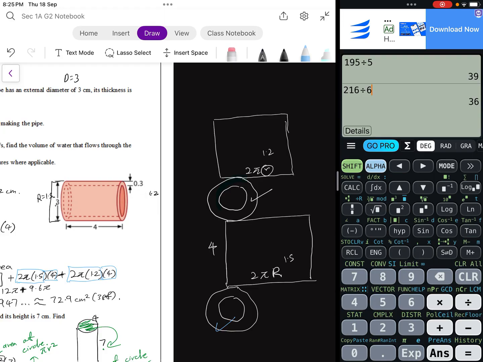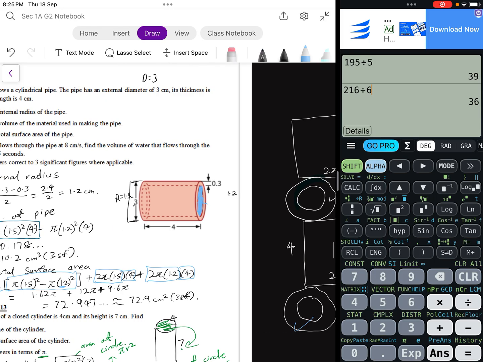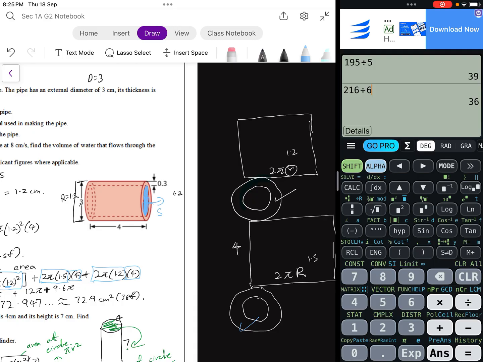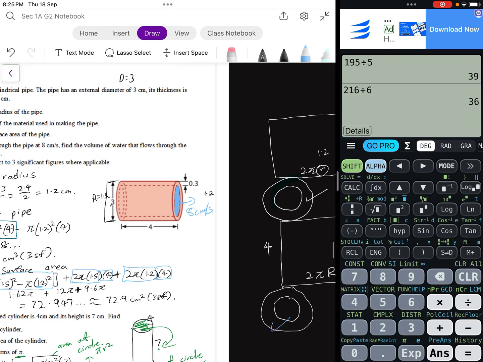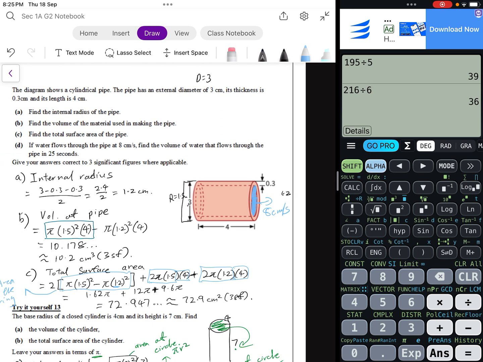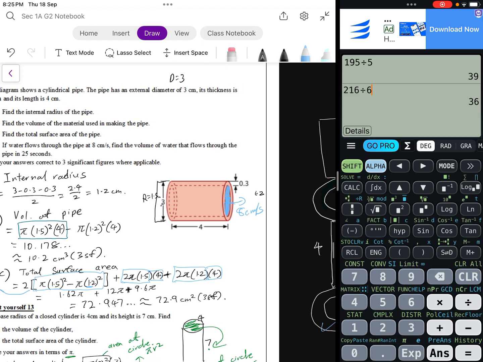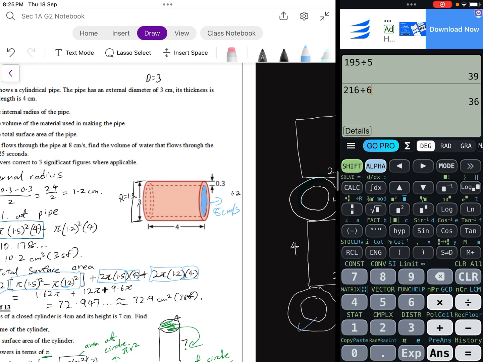There's this amount of water that's rushing through this point at 8. It's coming out at 8 cm per second. Okay, so they want to find the volume of water that flows through the pipe in 25 seconds, right? So all we need is the area of this circle multiplied by 8 cm times 25.